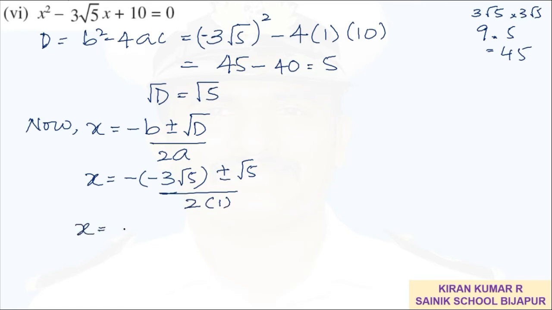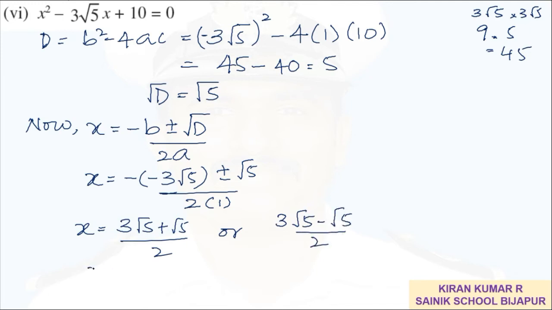So the value of x is positive 3 root 5 plus root 5 upon 2, or else it is 3 root 5 minus root 5 upon 2. So the value of x is 4 root 5 by 2, nothing but 2 root 5, or this is 2 root 5 by 2, we get it as root 5. These are the roots of the given equation.